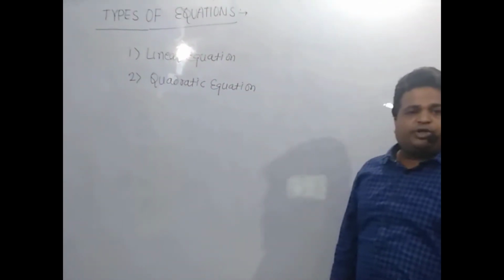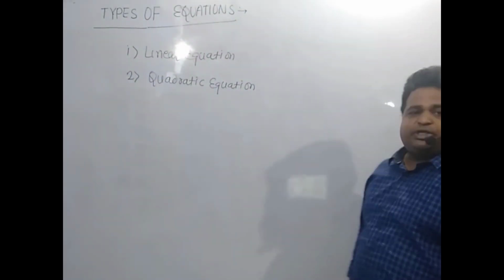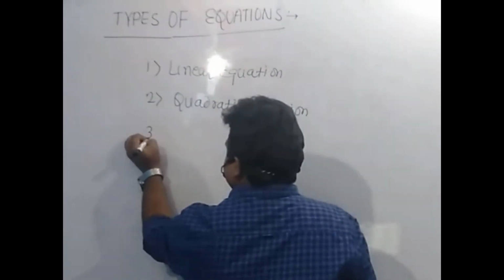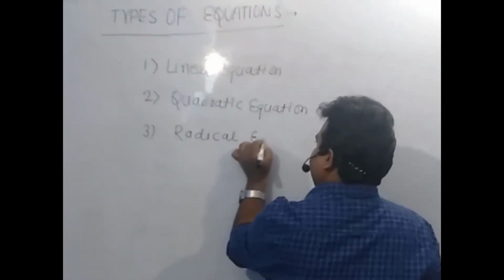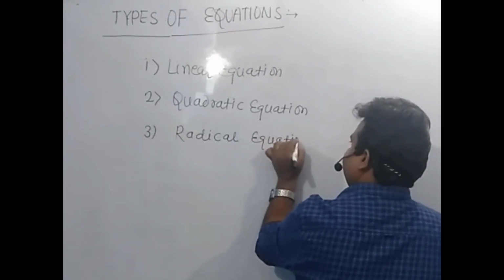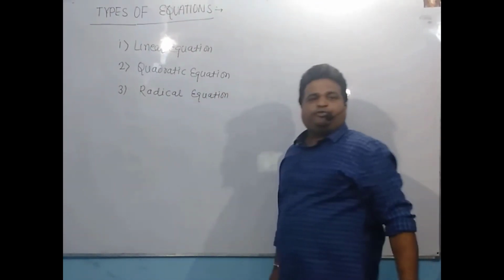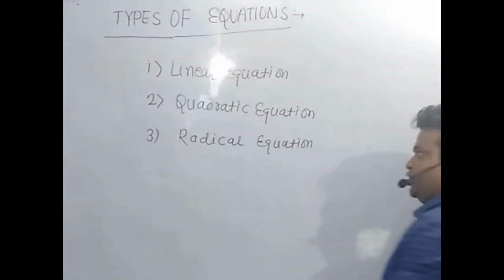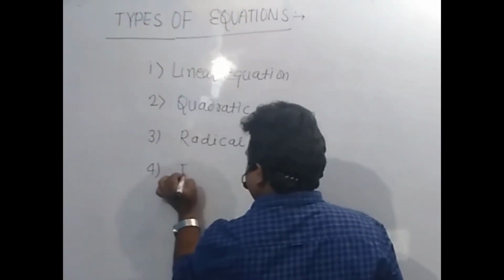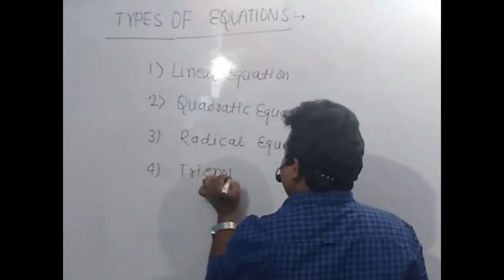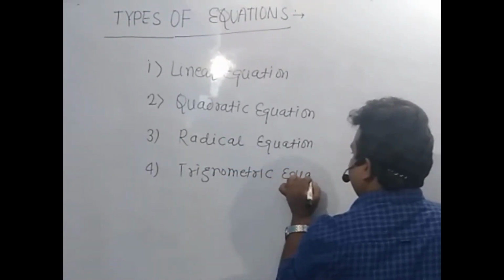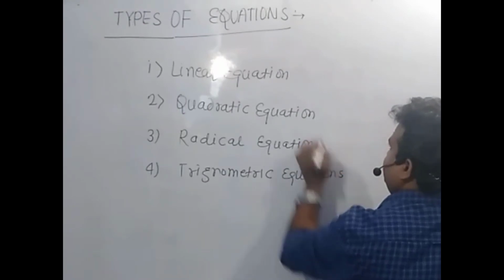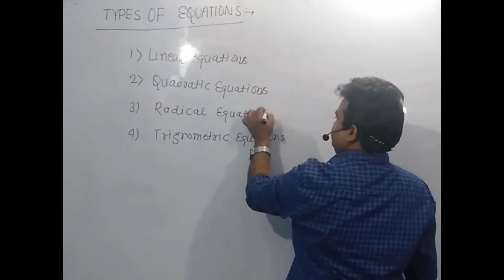The third one is radical equation. The fourth one is trigonometric equation. So these all are equations.